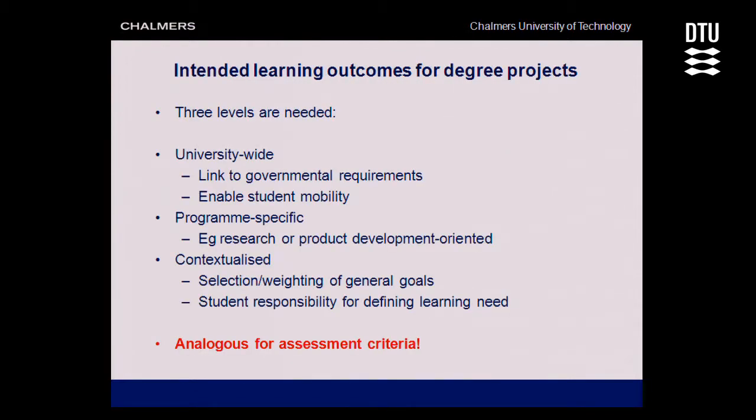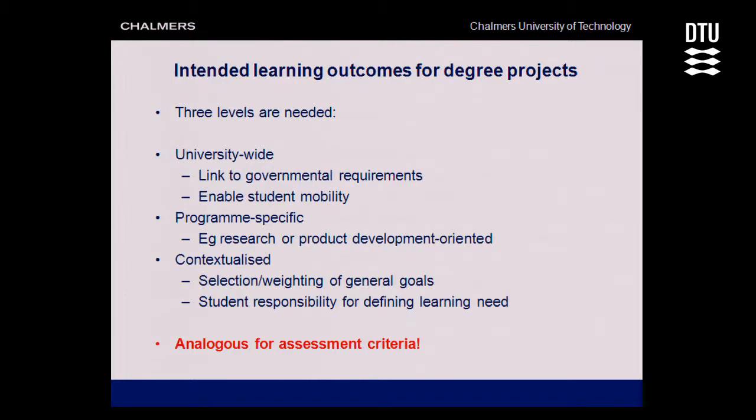There is a need for some that are university-wide, saying, well, the degree project at Chalmers should develop these intended learning outcomes, necessary for enabling some student mobility from different departments, necessary for linking to those governmental regulations against which we will be evaluated, and if we don't do that, we might get punished in the evaluation.